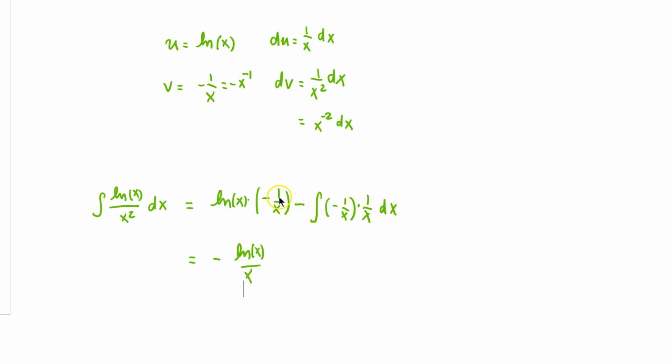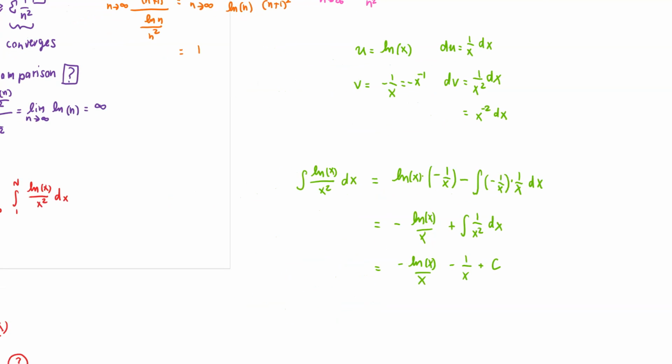And in this integral, the negative sign gets cancelled out, so I'm going to have plus the integral of 1 over x squared dx. The integral of 1 over x squared, we have just done this, is going to be negative 1 over x. So this is going to be negative 1 over x plus c.